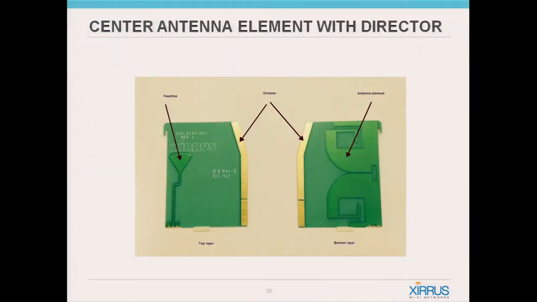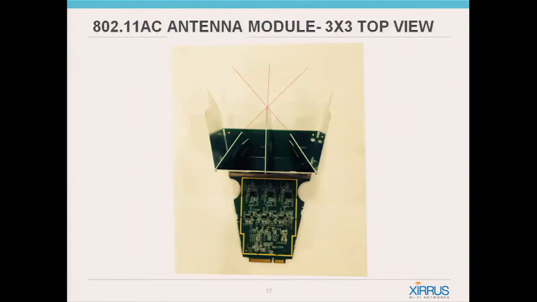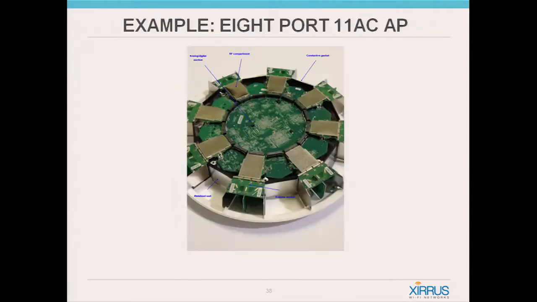So now I'm getting that radio card that over here works really good at 2.4 and 5 gigahertz. So it's a very efficient solution. This is an array in the 11AC 8-port. So you can see 8 cards populated and in an enclosure.